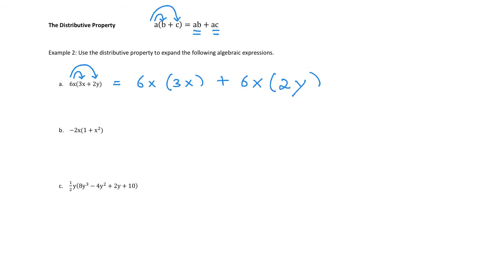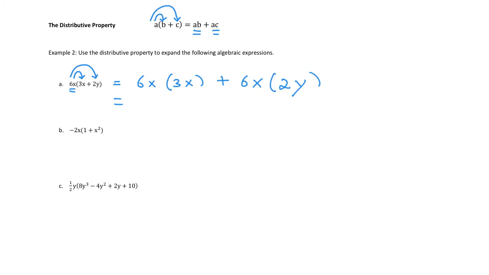So really we've done it. We have now multiplied the 6x, which was outside the parentheses, into the expression. All we have to do now is maybe simplify it and combine like terms if any exist. So for the first part here, I'll deal with the 6 and the 3.